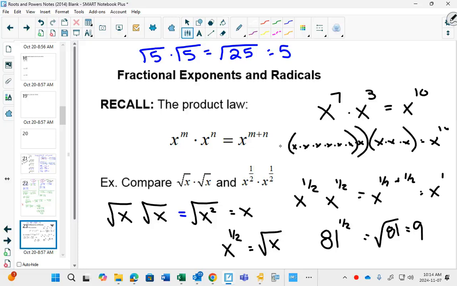Worked on yours? Anybody have a scientific calculator that they tried? Did it work on yours? 81 to the 1/2, 9, perfect. So this is cool fact number 1. We can change, if we want to, square roots to fractional exponents.